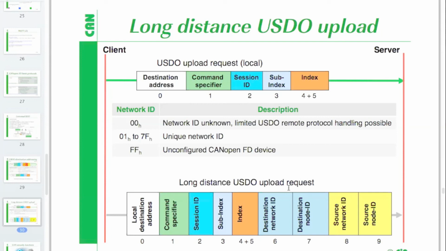Basically, I could access in one simple network only 127 devices, so I need a kind of gateway across multiple networks, but the point is I can have this transparent gateway, and I have my identification of whom I ask the data for already in the message itself. So it increases the communication speed on the CANopen FD embedded level.